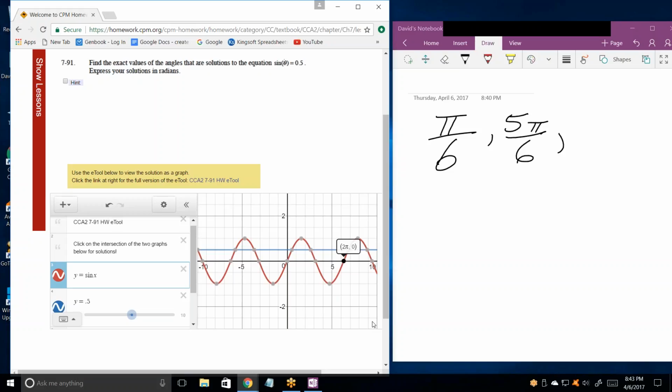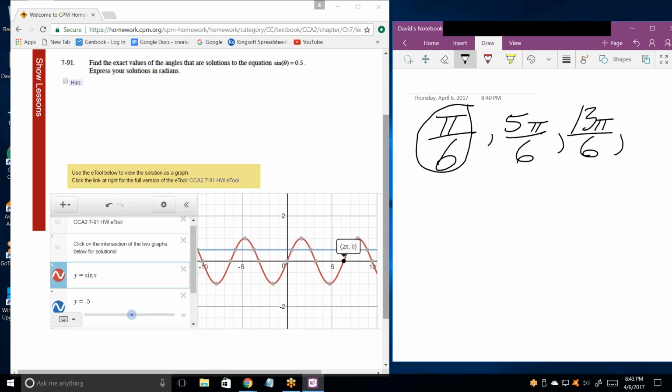210. Add 2 pi to that number right there. In other words, with trig and sine waves, every 2 pi you get another answer. So if I add 12 pi over 6 to that, I get 13 pi over 6.